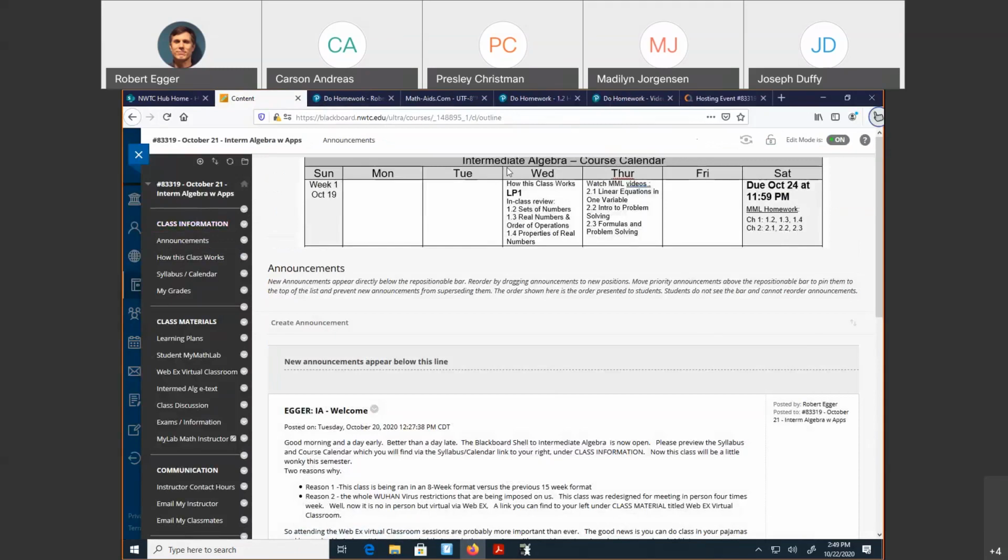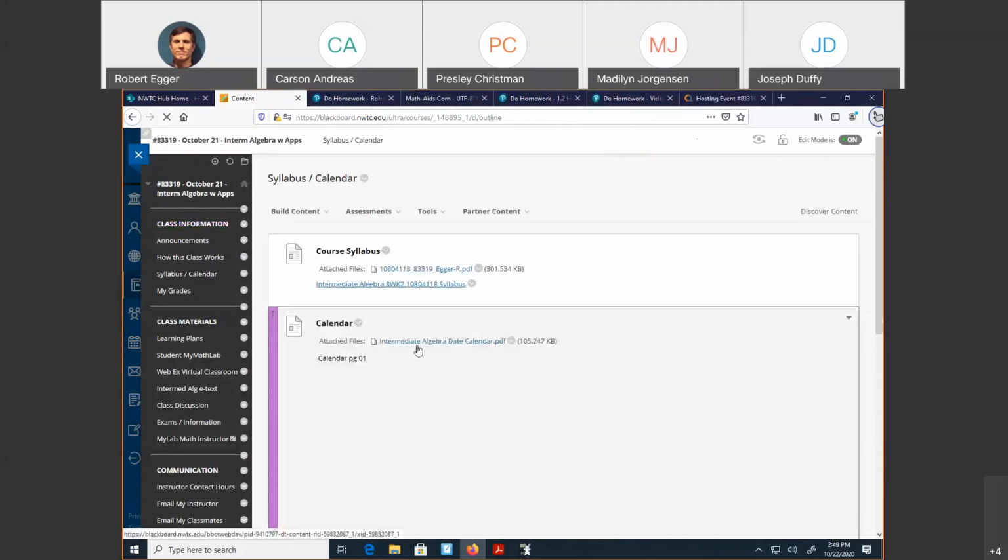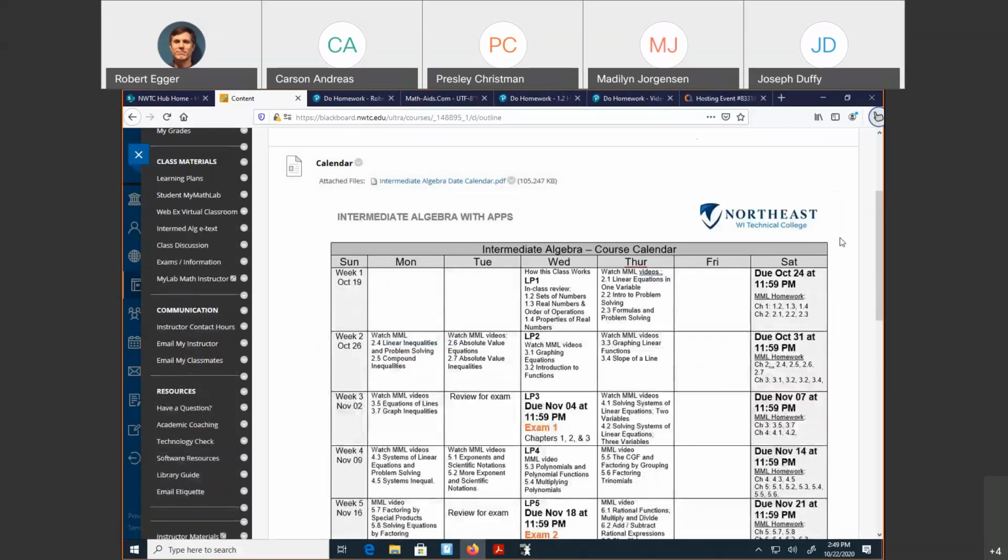Is there a sheet or a link in Blackboard that we could access with all of these equations? I'm not quite sure what you're asking for.